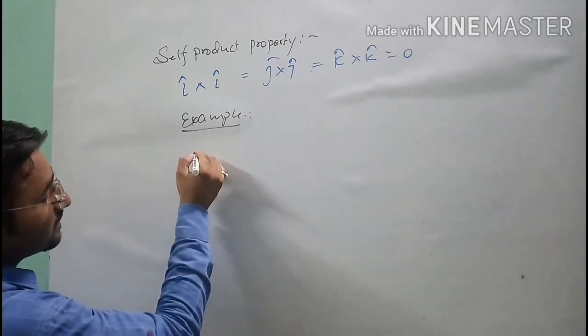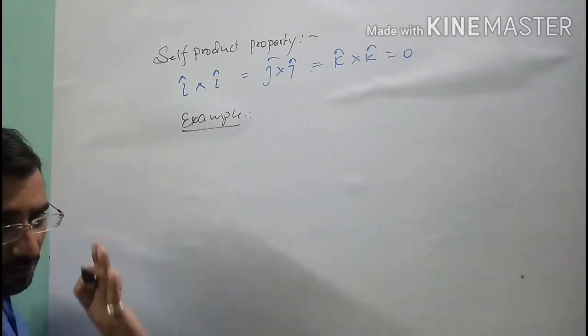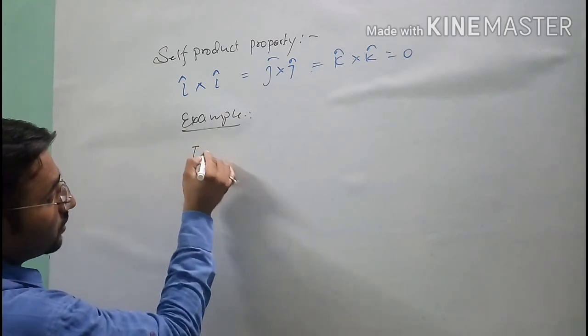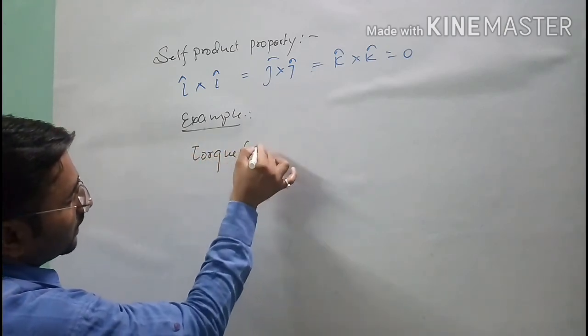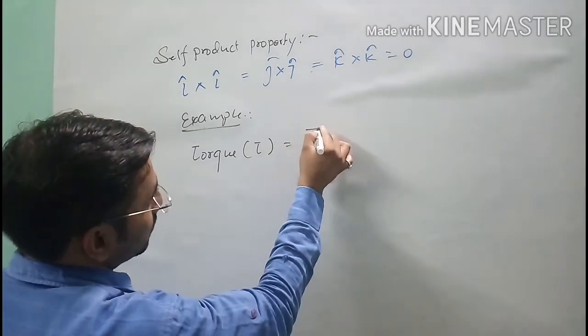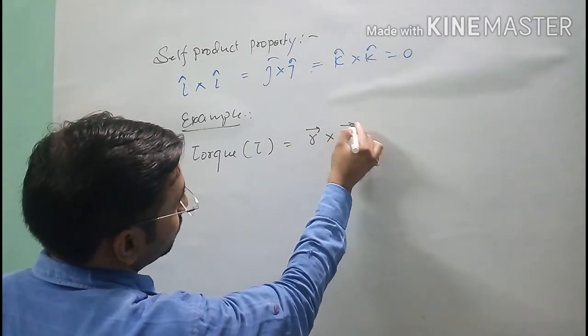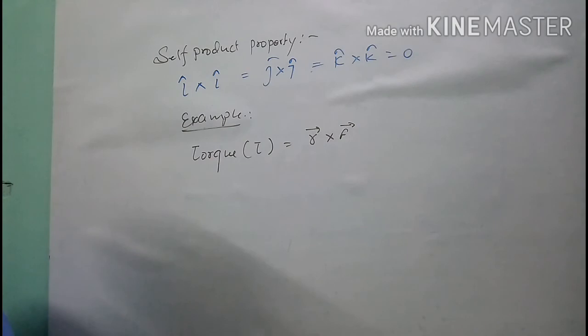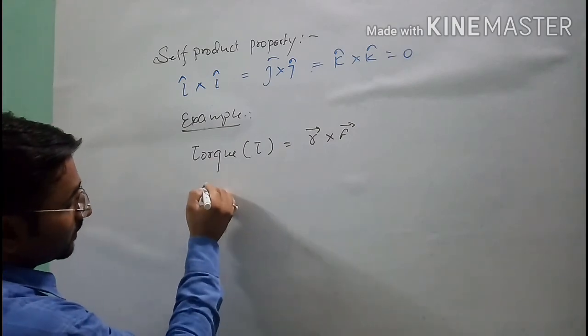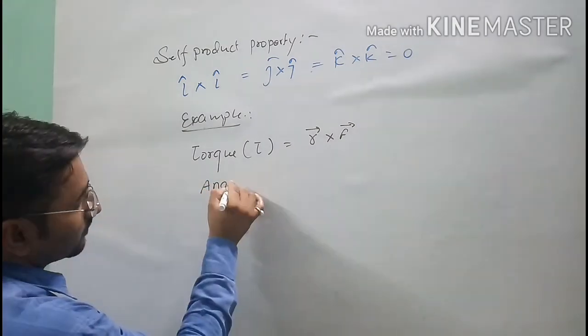So see, first, when we talk in terms of the cross product, is torque. As we know, torque is denoted by tau, and it is the cross product of the position vector and the force. Clear? After that, before this, angular momentum.